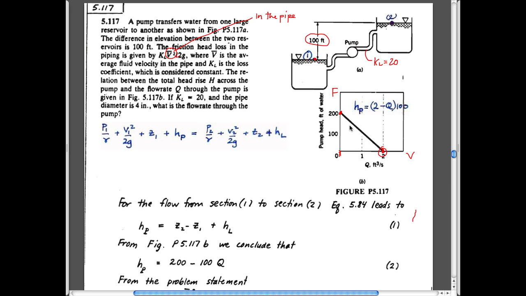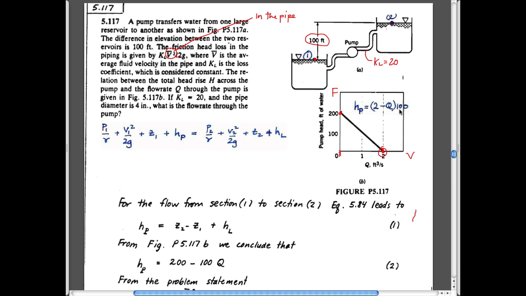I guess we should be careful with this, of course, because the one thing that this violates is our dimensionality criterion, right? This is units of length, and this is units of length cubed per time. And so there's some hidden dimensions in here. So this 100 is not really 100.